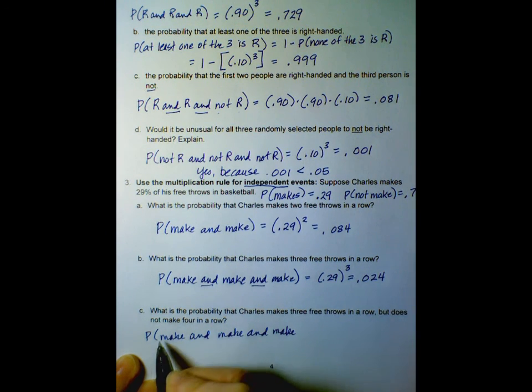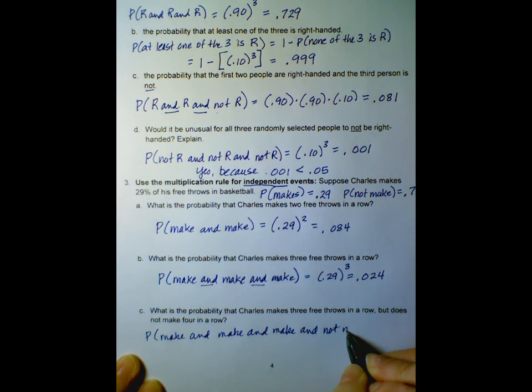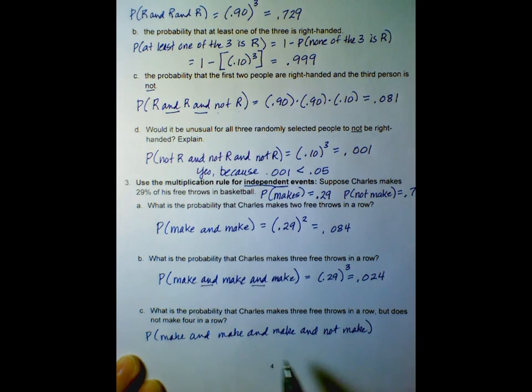But for him to not make 4, he must miss on the 4th throw. Here's our multiplication. Make and make and make. He makes 3 in a row, but not the 4th one. This is what has to happen to say you made 3 in a row, but you did not make 4 in a row. You have to miss on the 4th one.